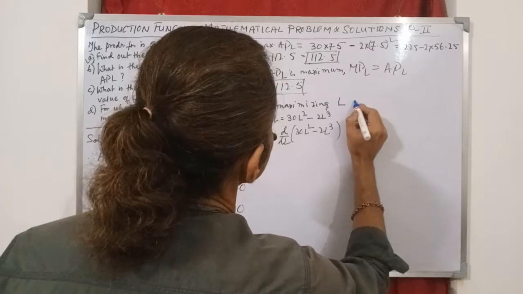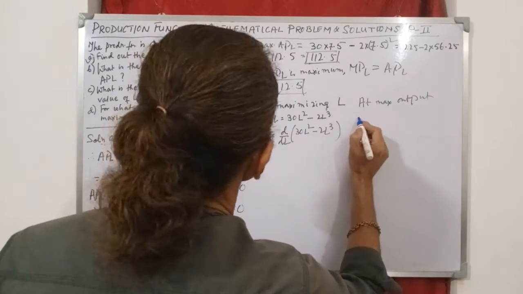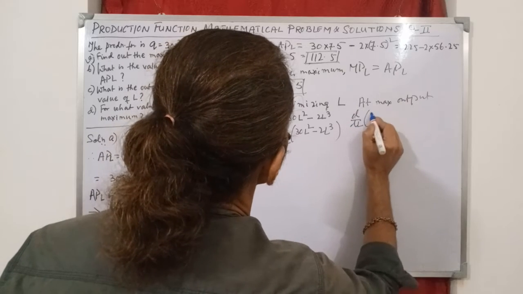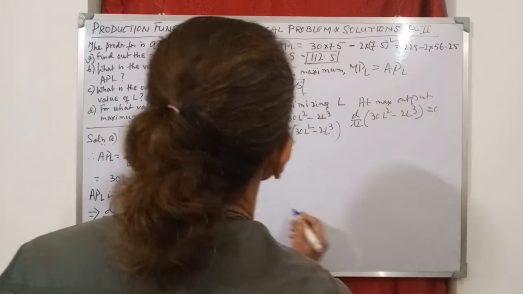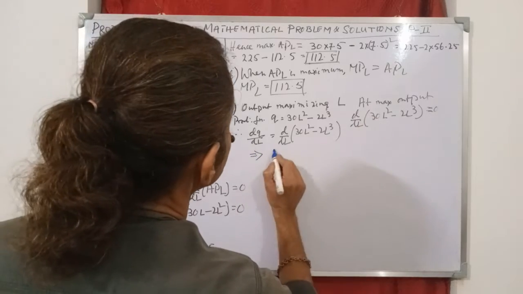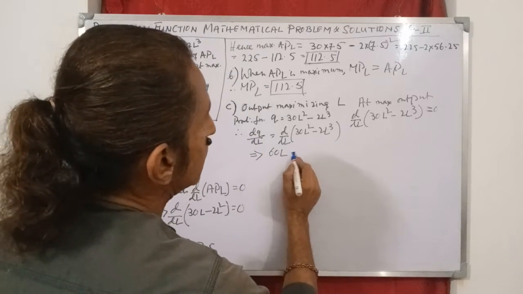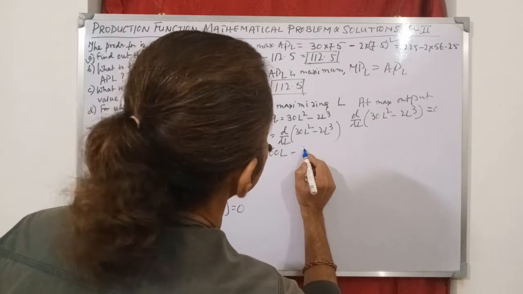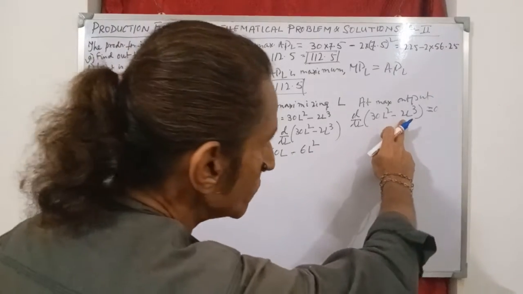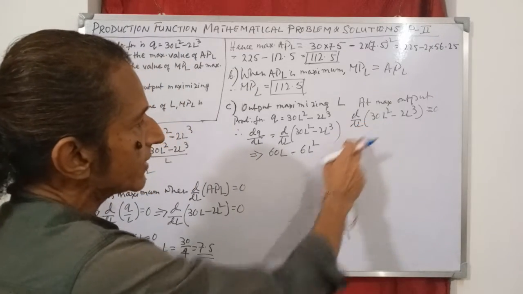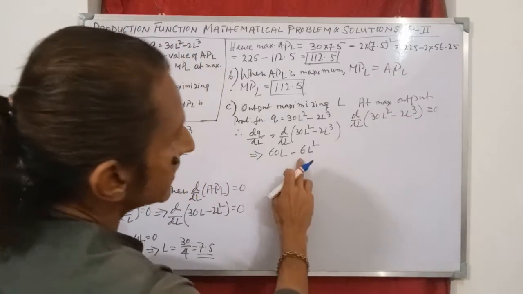At maximum output, this will be 0. So d/dL of 30L square is 60L, and d/dL of 2L cube is 6L square. So we are differentiating 30L square minus 2L cube.